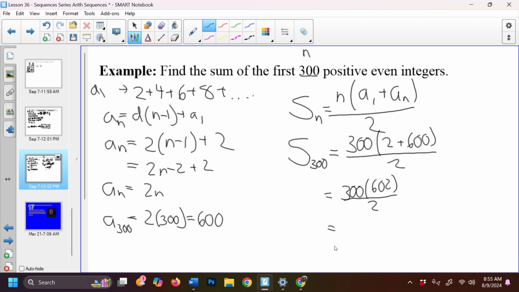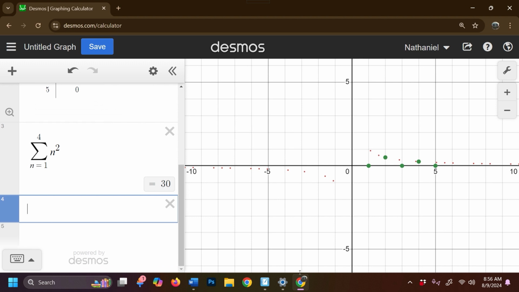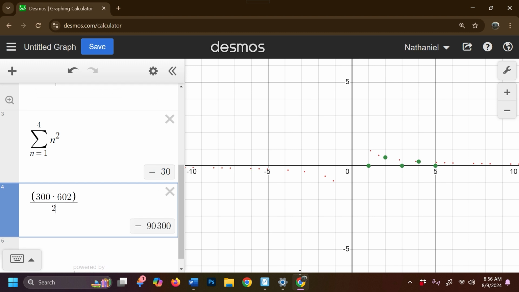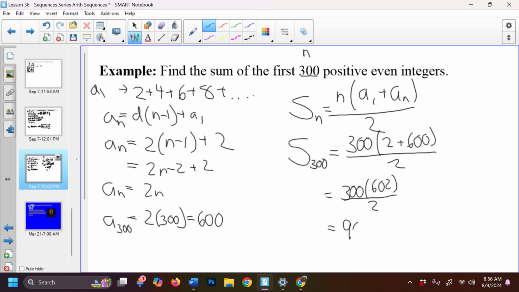And that's a big multiplication, so let's grab Desmos. And since there's an operation in the numerator, let's go parentheses 300 times 602 all divided by 2, and I get 90,300 as the sum of the first 300 positive even integers.